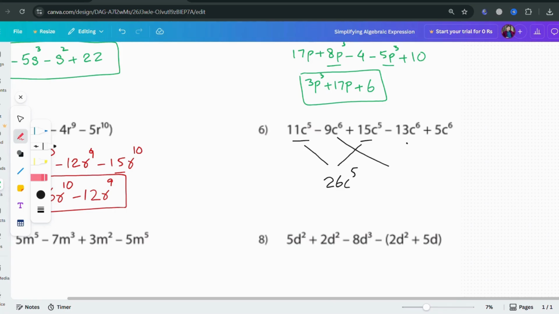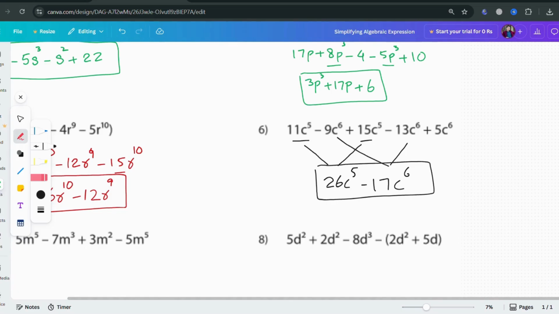After that, this one and this one, minus 9 and minus 13, that is going to give me minus 22, and minus 22 plus 5, so I will get minus 17 c to the power of 5, sorry, c to the power of 6. Let me just edit it. Okay, so it's going to work that way.